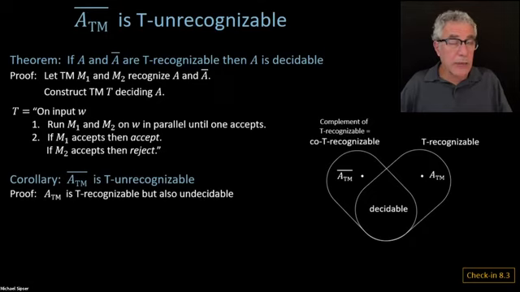ATM is recognizable from the universal Turing machine, and it's undecidable by the diagonalization argument. Those two things together tell us that the complement has to be unrecognizable. Because if a language and its complement are both recognizable, and we already know the language itself is recognizable, so now if the complement is also recognizable, the language is going to be decidable by the upper theorem.